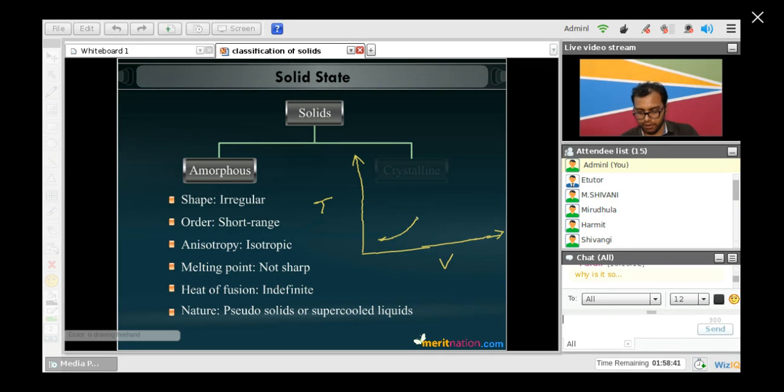Now here, if you are considering the graph for an amorphous solid, then you won't observe the same state during the phase transformation. When the solid starts converting into liquid, the volume will not remain constant. Let me draw the graph.